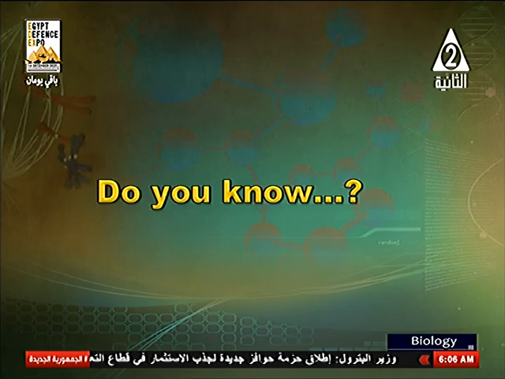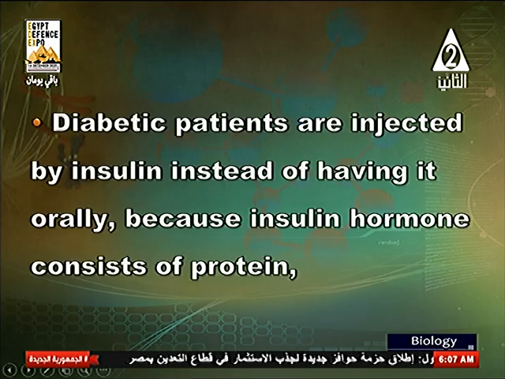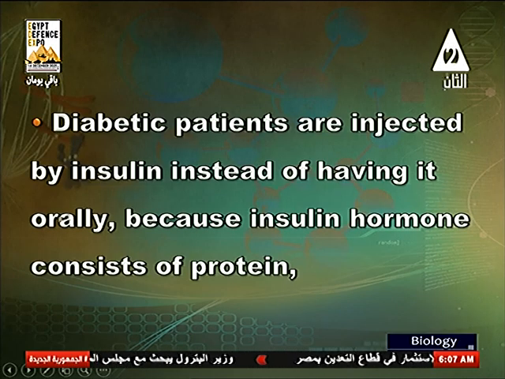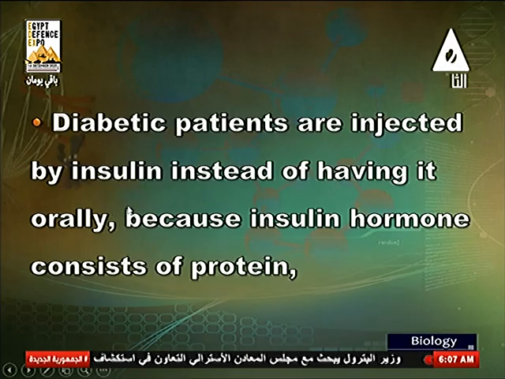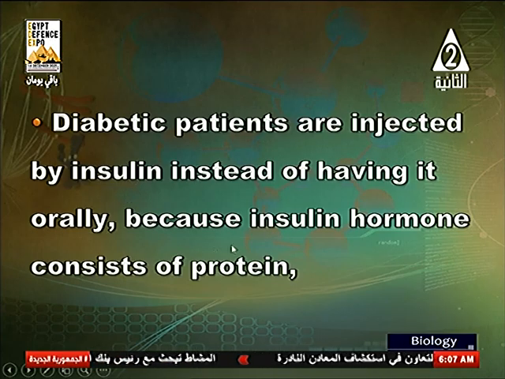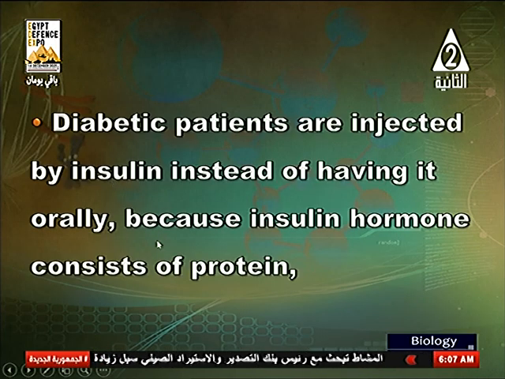Do you know that diabetic patients are injected with insulin instead of taking it orally? Why? Think about why diabetic patients get the treatment by insulin injection, not an oral dose.